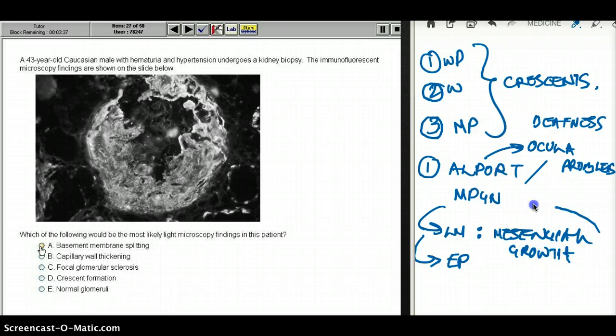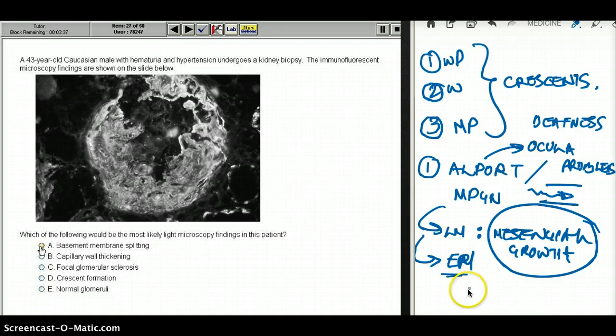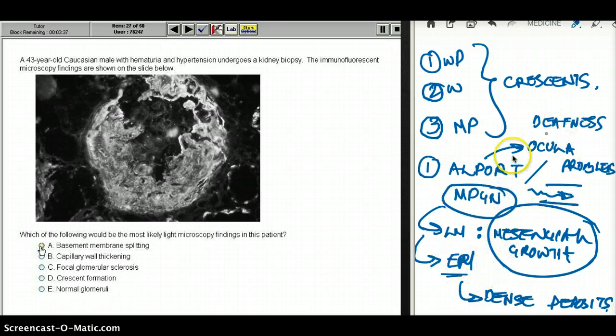This mesangial growth is responsible for the splitting, okay, because it grows kind of in between. And what about electron microscopy? In electron microscopy, we're going to see dense deposits, okay? So that is our MPGN. So that was a little bit of discussion on the whole choice A.